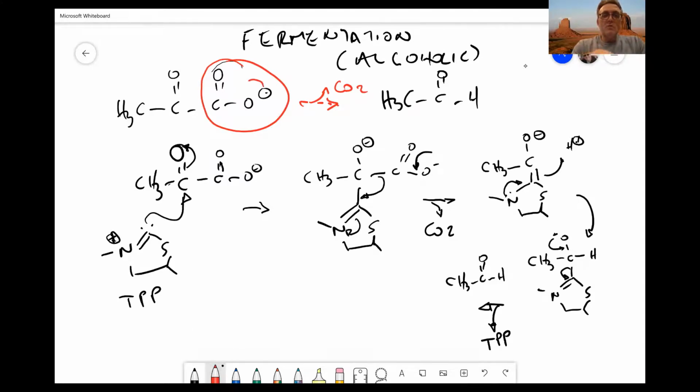If we imagine this one coming this way, the electrons will be there. So that will be, as we've seen already, a carbanion. You have to stabilize this guy. And TPP plays this role as an electron sink to stabilize the carbanion that will form in any decarboxylation. We'll see other ways, but that's a good one, and it's used in many other reactions.